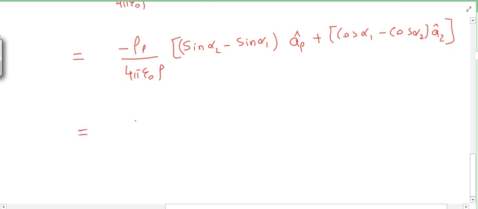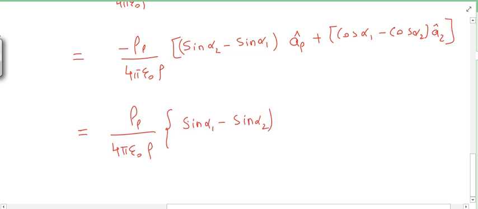Now you can simplify it further. Here the minus sign I can take and multiply. So here rho L by 4 pi epsilon rho, and this will become sine alpha 1 minus sine alpha 2 after multiplying the negative sign, a rho cap component plus, and this will become cos alpha 2 minus cos alpha 1 az cap, the z component.